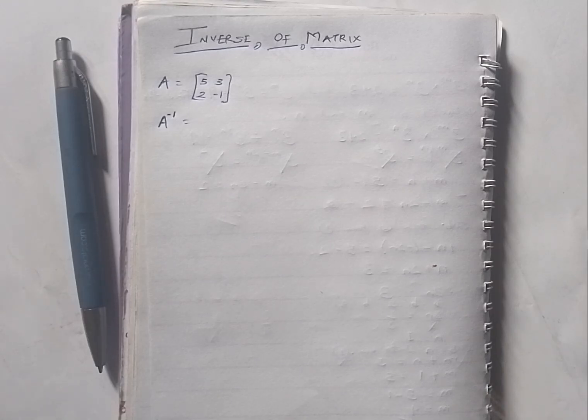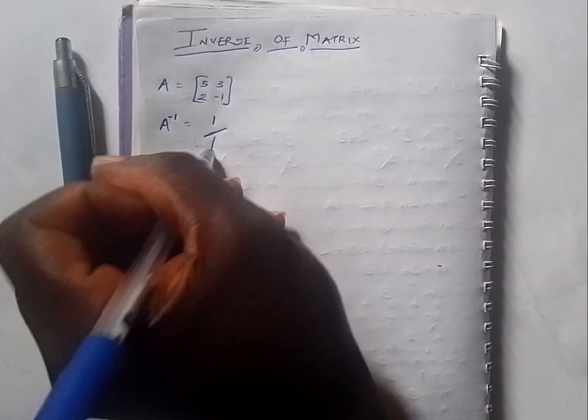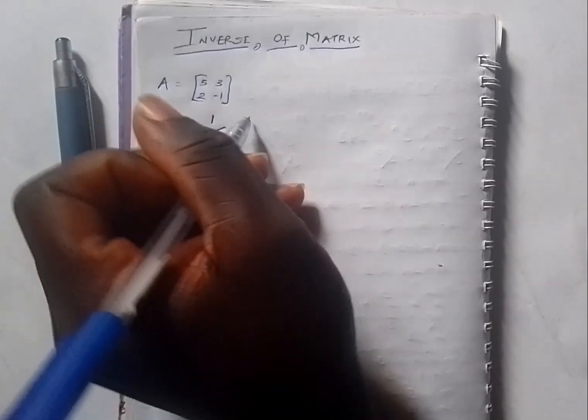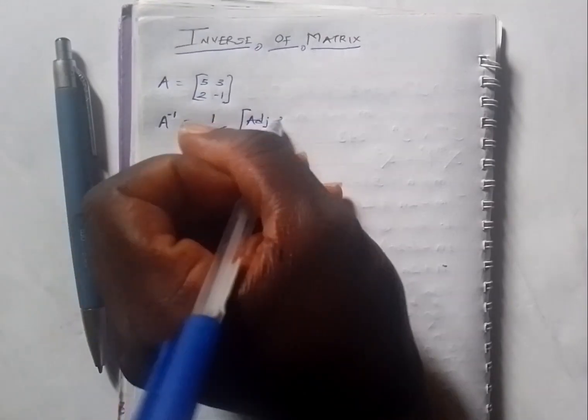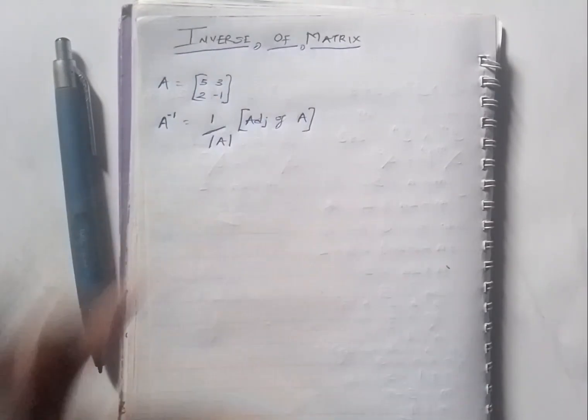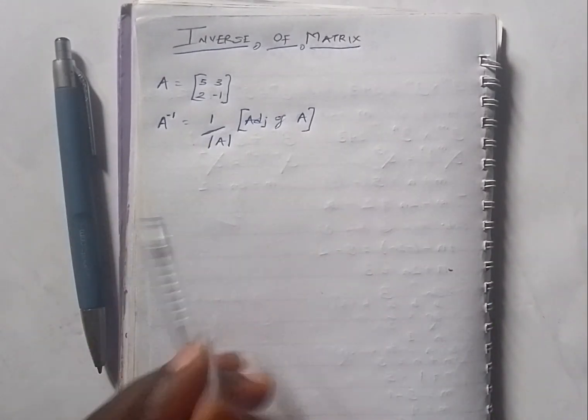So it's meant to be 1 over the determinant of the matrix, then times the adjoint of the matrix. So this is the formula for inverse of a matrix.